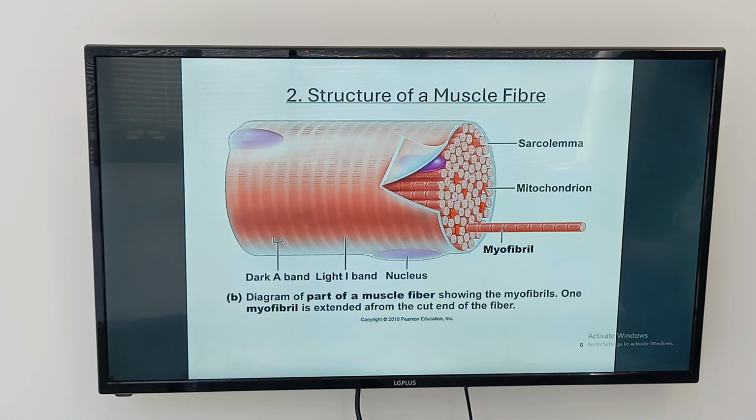These red parts are called the mitochondria. Each muscle fiber consists of a bundle of myofibrils. The purple dot is a nucleus. As you can see here, this is a light I band, and this is a dark A band.